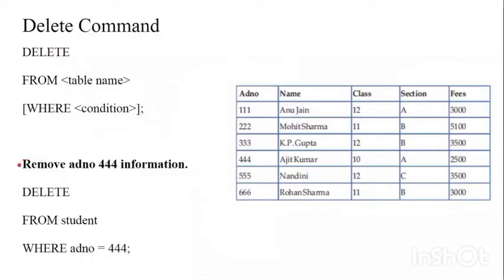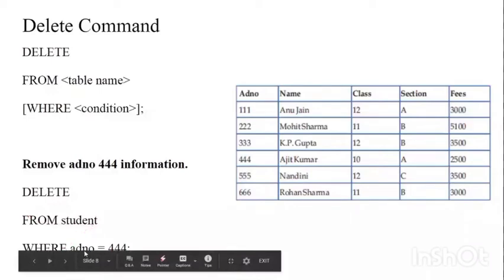So let us consider an example. Remove admission number 444, the whole details of 444. So we have to remove the record of admission number 444. For that we write the command as delete from student where admission number is equal to 444.